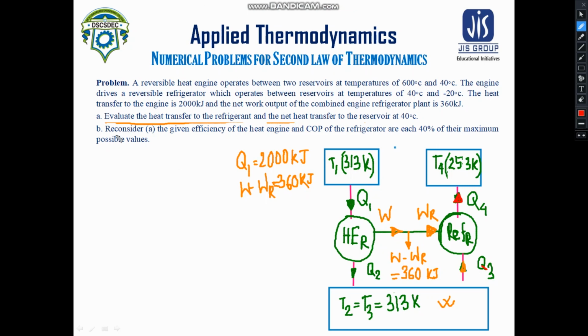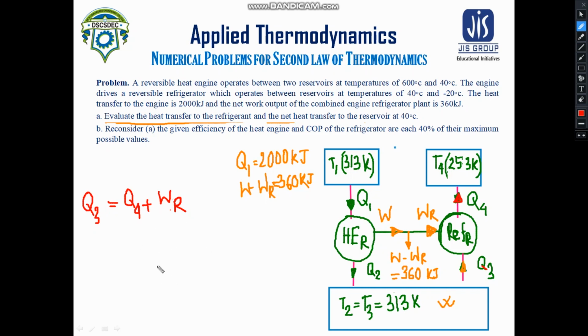From the energy conservation principle, you can write Q3 as Q4 plus WR. Sorry, we have considered WR here, R stands for the refrigerator. So Q3 is equal to Q4 plus WR.